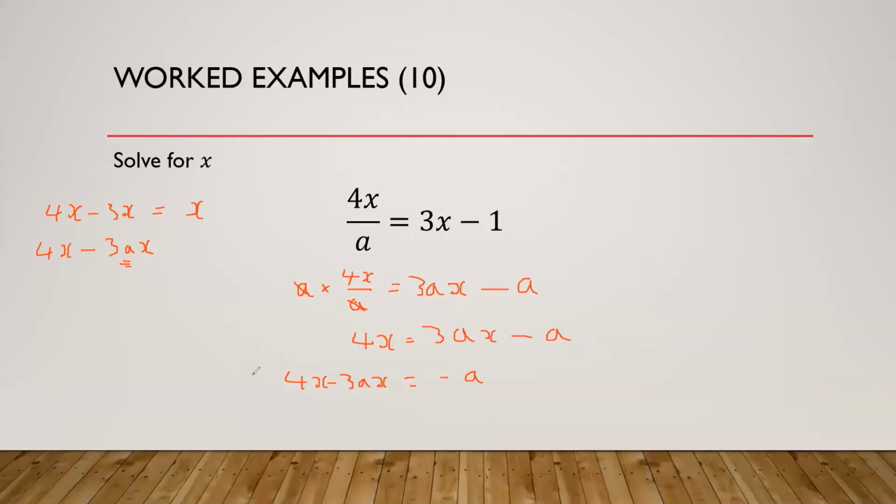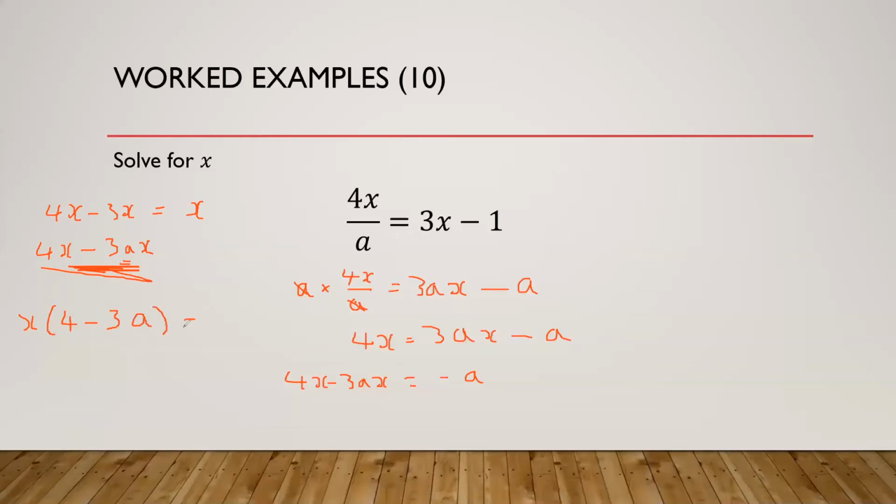Well, the way we do that is by factorizing. So we factorize this expression in such a way that x becomes a factor. So 4x minus 3Ax can be written like this by taking x out of the bracket: x times 4 minus 3A.